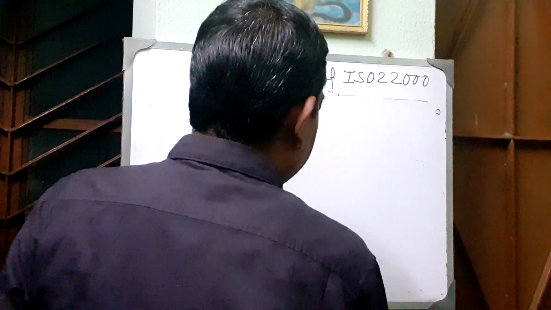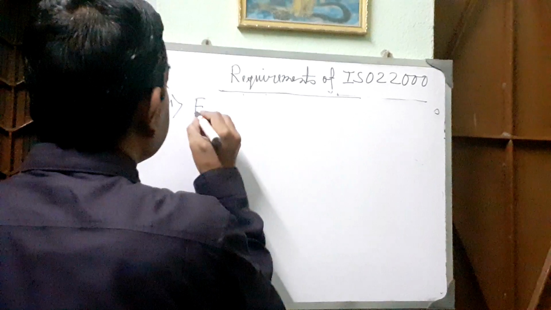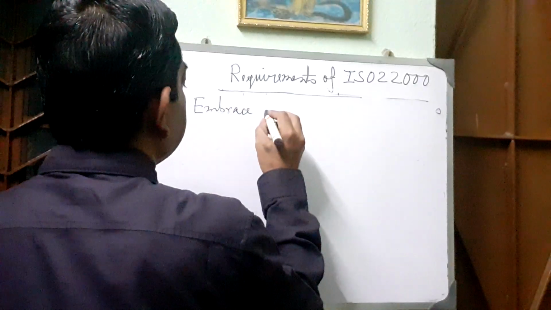The 11th point under the requirements of ISO 22000 is embrace risk and opportunities.